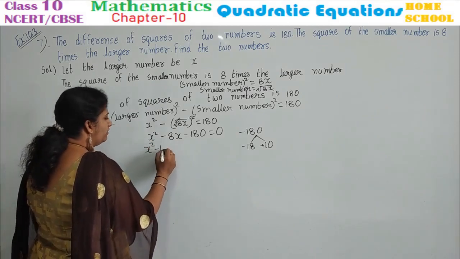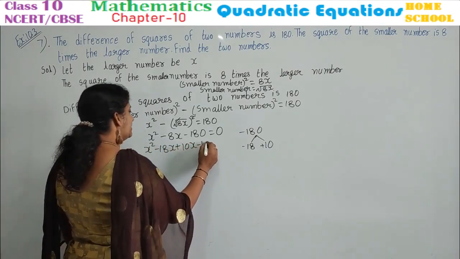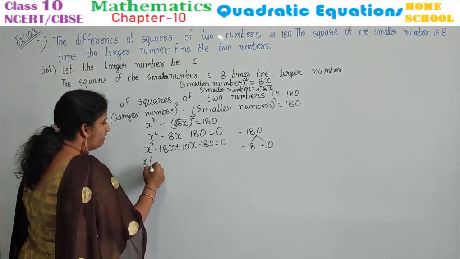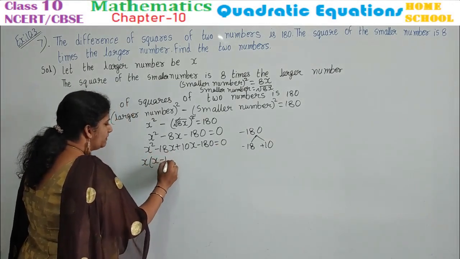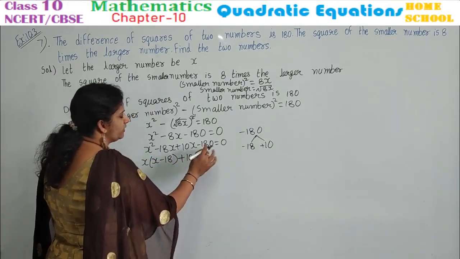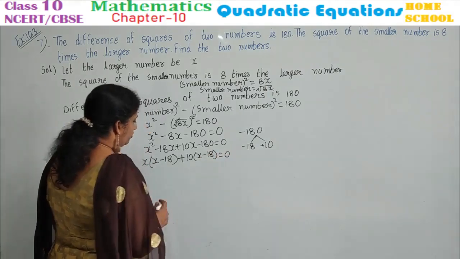x square minus 18x plus 10x minus 180 equal to 0. Take out common. x is common. x into x minus 18, plus in these two 10 is common, x minus 18 equal to 0.